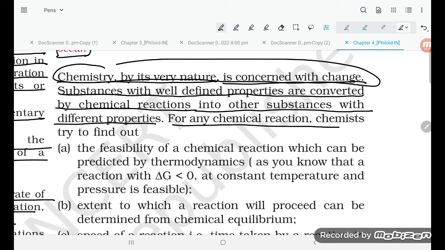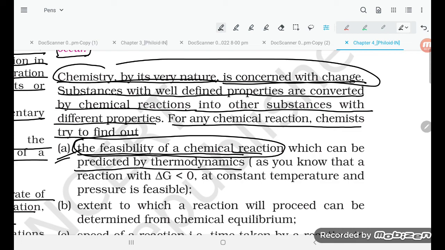For any chemical reaction, chemists try to find out the first point, which is the feasibility of the chemical reaction, which can be predicted by thermodynamics. So the very first thing you are going to understand is the feasibility of the chemical reaction.